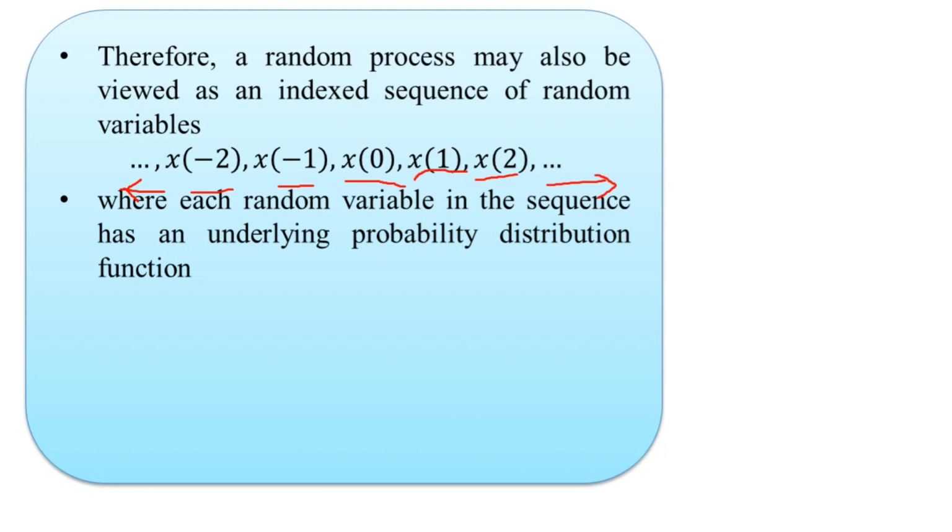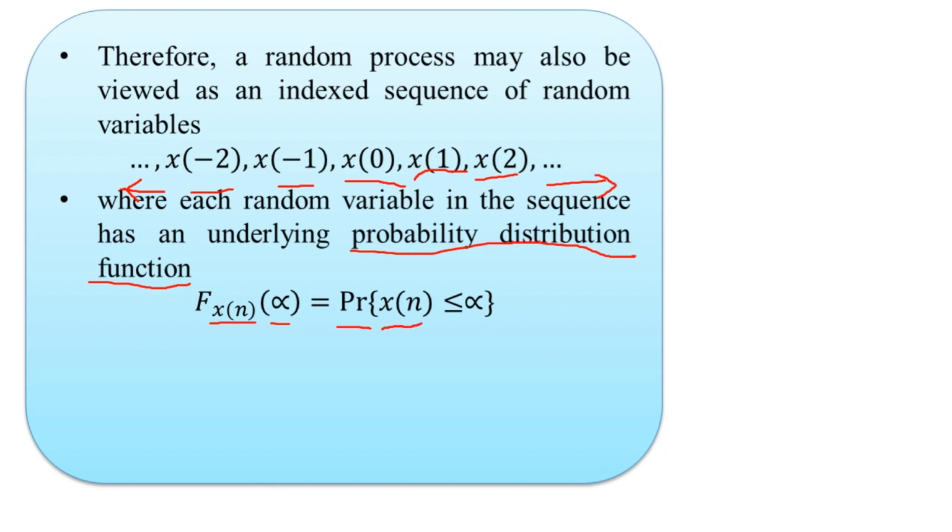So for the random process, we have capital F with suffix x of n. This is the probability distribution function for the random process, and it is a function of alpha, and the probability on the RHS is denoted for x of n, the random process, less than or equal to alpha.